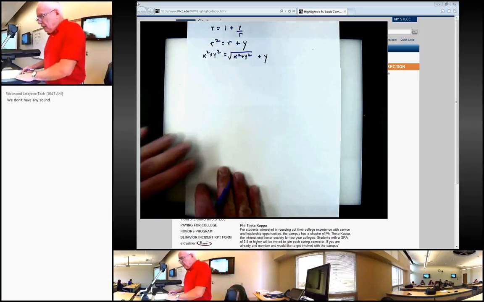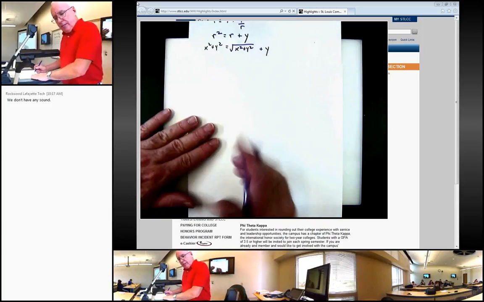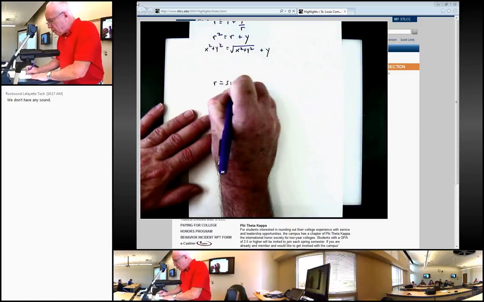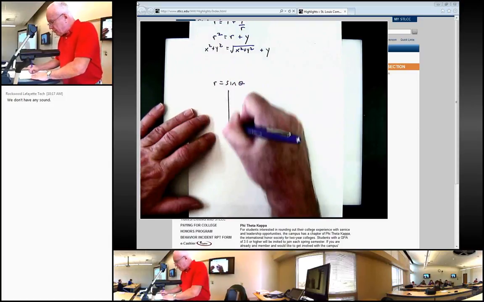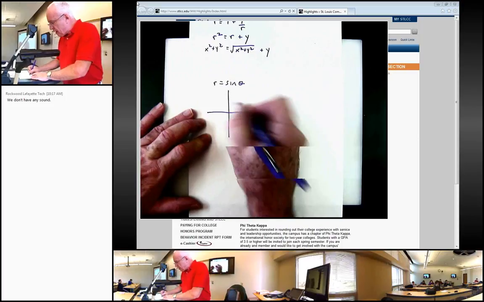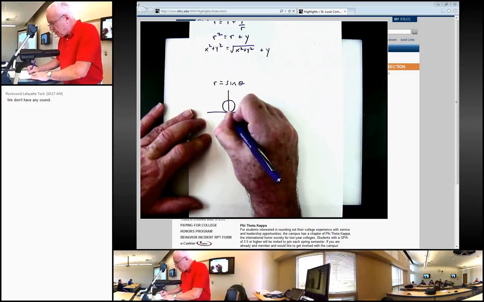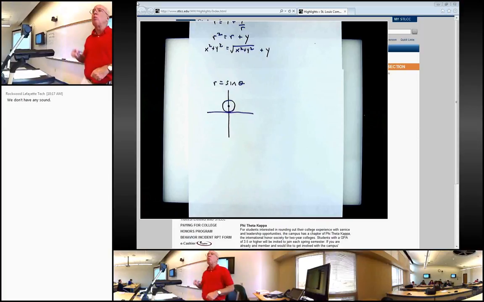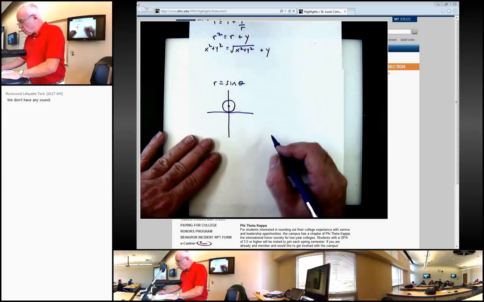Okay, just a couple other things here before we get into the calculus of it. If r equals sine of theta, I'll just tell you, if we do it, it's going to graph like this. It's going to be a circle at 0, 1 if we look at it in terms of Cartesian coordinates.